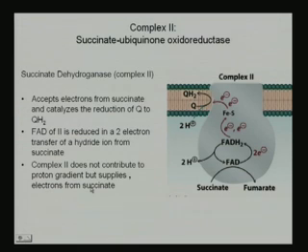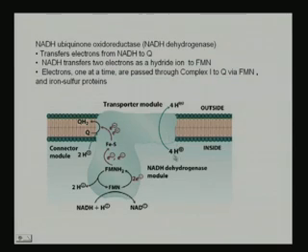That means, in the case of complex 1, if you remember, the proton gradient comes from the pumping of protons from inside the matrix to the outside, the intermembrane space.